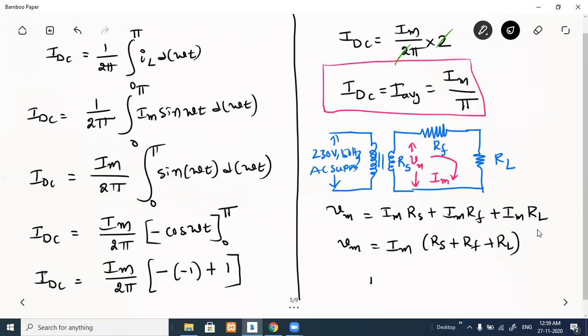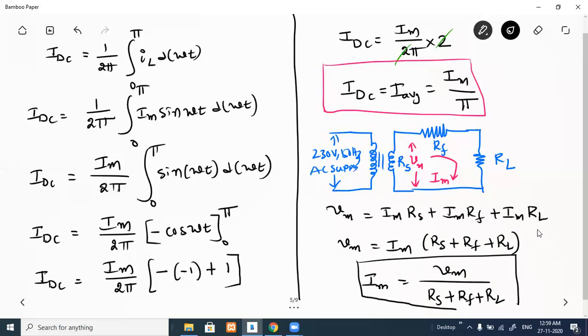From this, the peak current IM equal to VM by RS plus RF plus RL, where RS is the secondary winding internal resistance, RF is the diode forward resistance, and RL is the load resistance. VM is the peak value of the input AC signal or the peak value of the secondary.